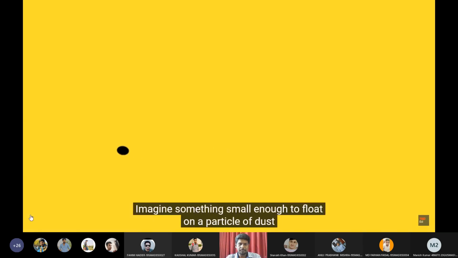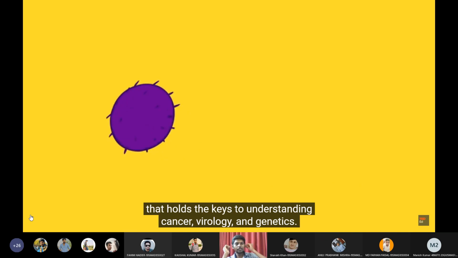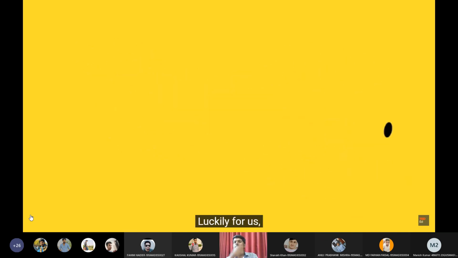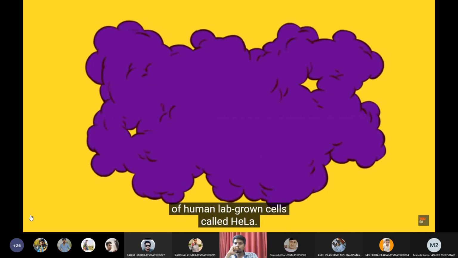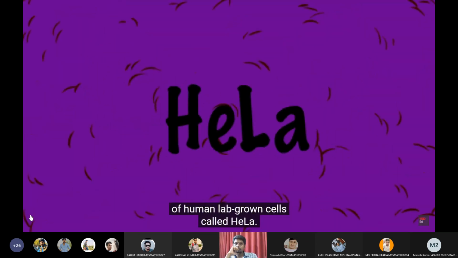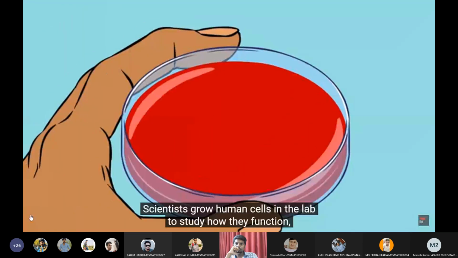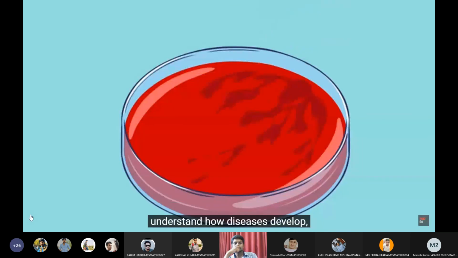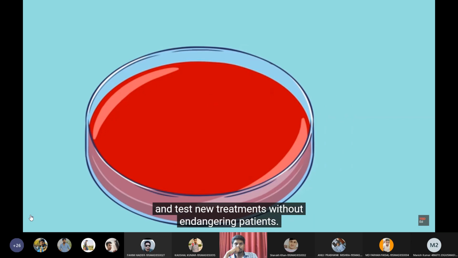Imagine something small enough to float on a particle of dust that holds the keys to understanding cancer, virology, and genetics. Luckily for us, such a thing exists in the form of trillions upon trillions of human lab-grown cells called HeLa. Let's take a step back for a second. Scientists grow human cells in the lab to study how they function, understand how diseases develop, and test new treatments without endangering patients.